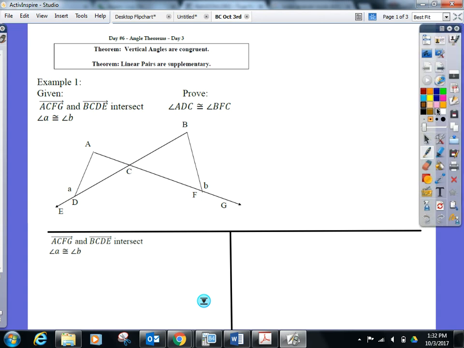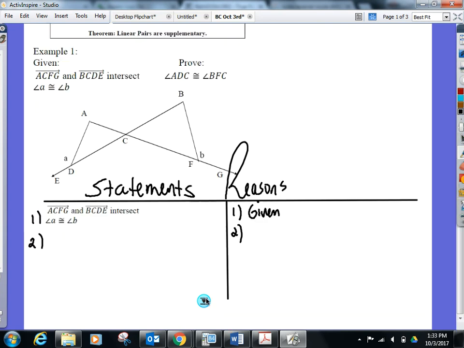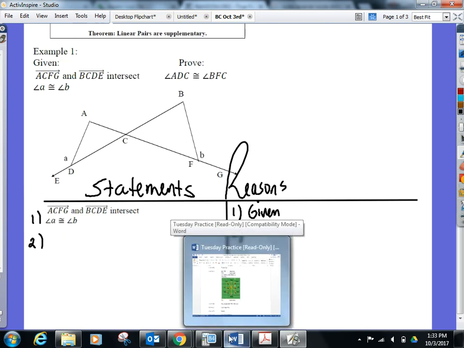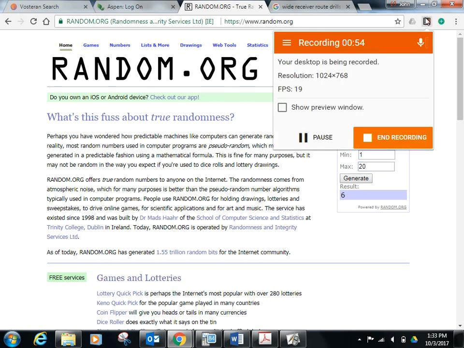So take a second, put in your givens, mark the diagram. Okay, here we go.